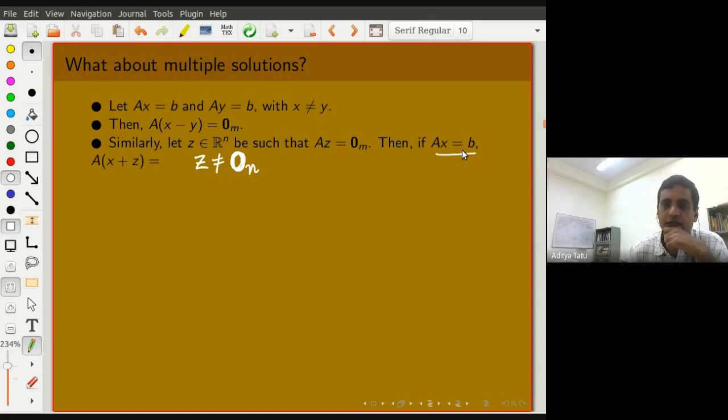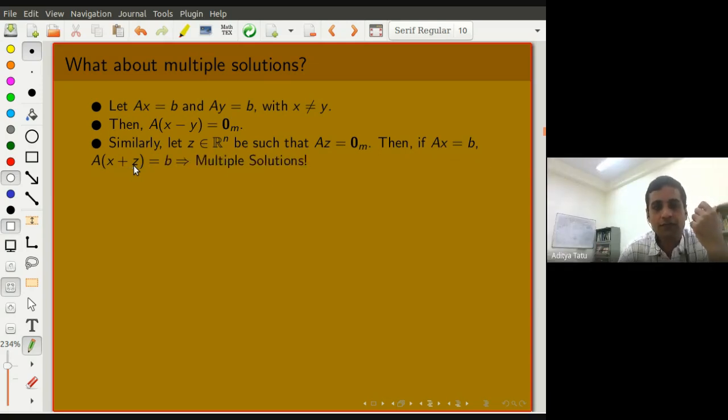If Ax is equal to b, what can we say about A of (x plus z)? This will also be b, right? So, therefore, since z is not the 0 vector, x and x plus z are two distinct solutions. It basically means multiple solutions.